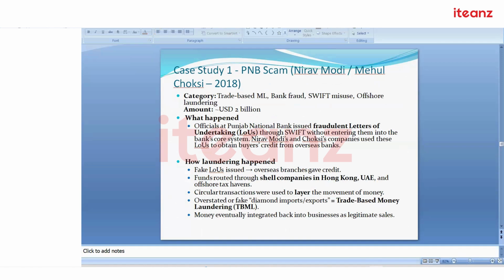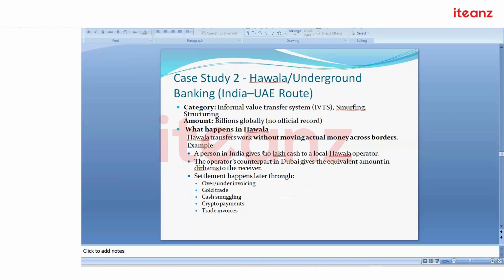So see, actually, there are many more things in AML. One is your banking, one is your crypto, one is your trade. All these things are different, but I'll be talking mostly on the banking side.